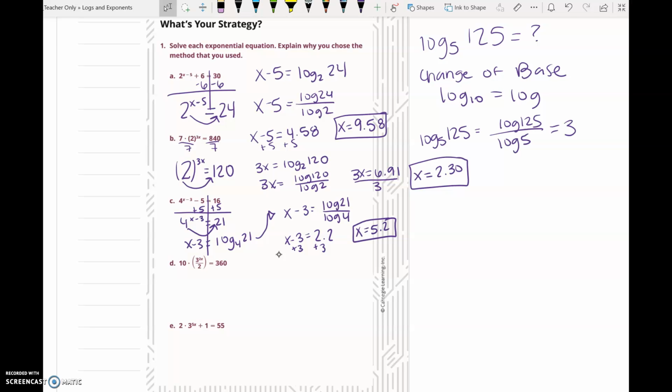Again, get your exponent by itself in order to correctly do this. Divide by 10. I still don't have the exponent by itself. I've got to multiply by 2. Turn it into a log.